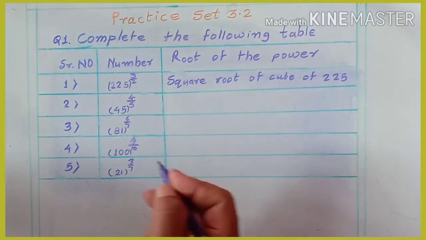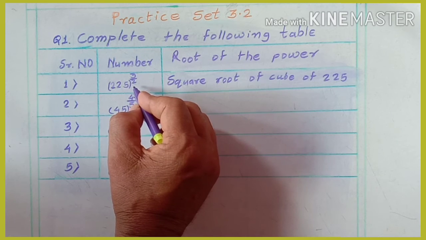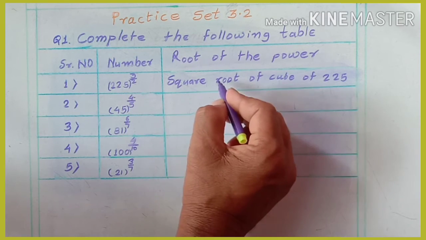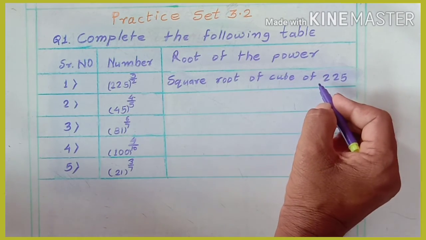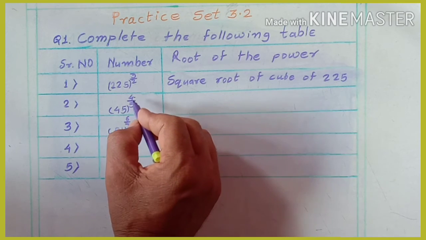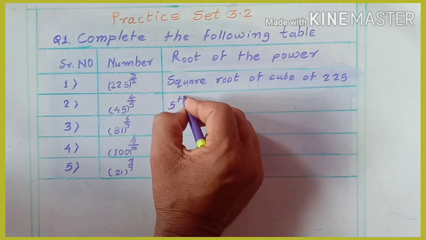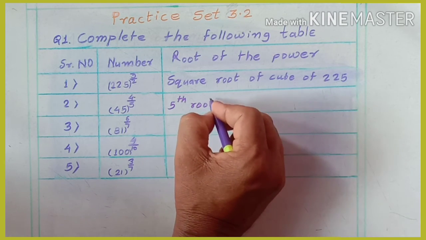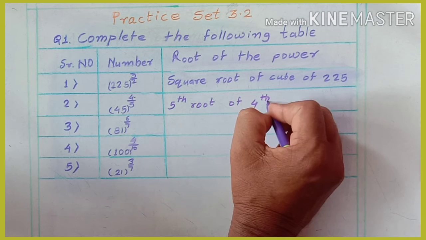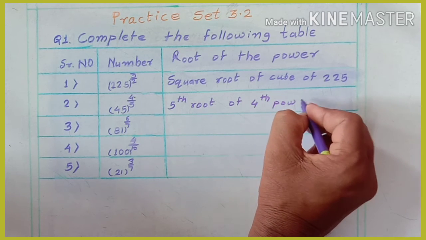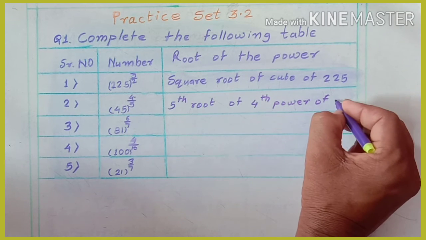Root of the power. 1: 225 raised to 3 upon 2. Answer is square root of cube of 225. Second, 45 raised to 4 upon 5: fifth root of fourth power of 45.